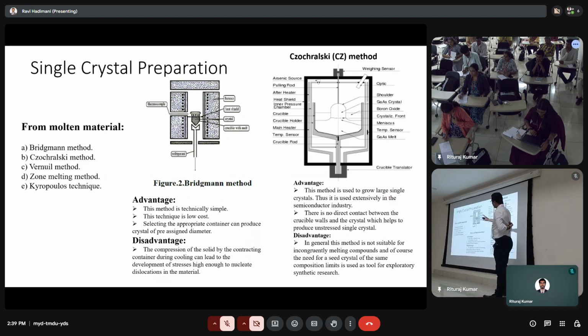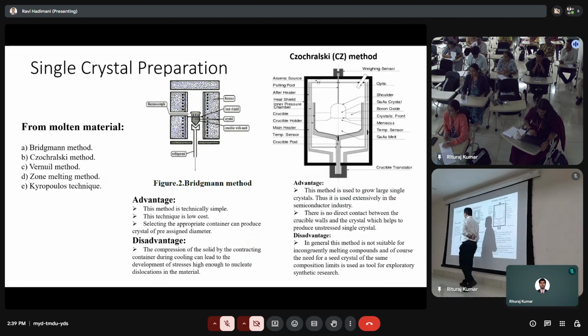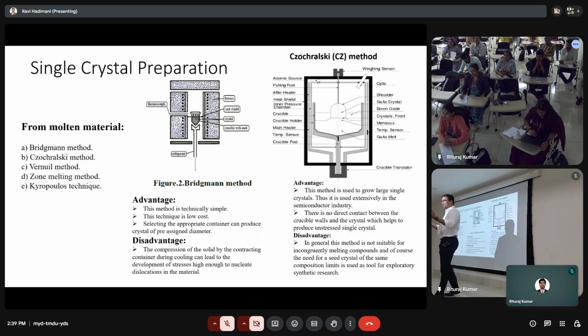Okay, so there are several ways you can make single crystal materials. The most popular one is called the Bridgman method, and the other one is called, let's see, can anyone pronounce this? Czochralski. Have you guys studied Czochralski? That's Czochralski.